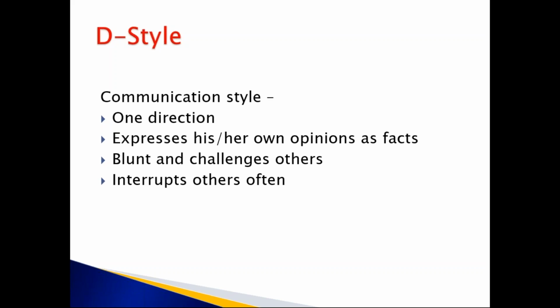They usually interrupt others because they want them to get on with it. We'll talk about that a little bit more, but that's one of the things I want you to be aware of when you're having a sales interaction. If someone is a D style, if you take too much time, you're going to frustrate them.